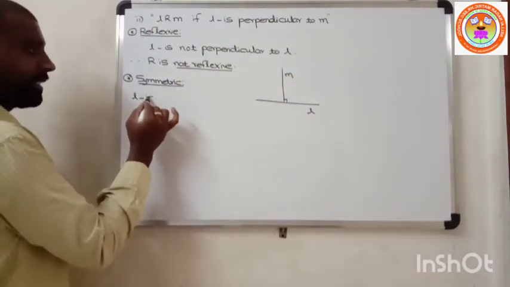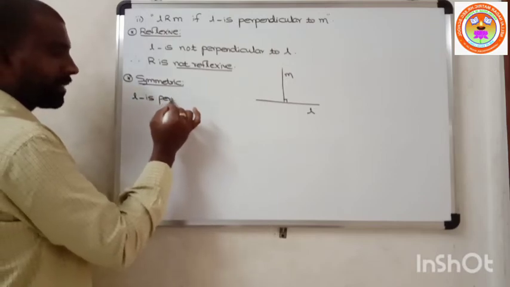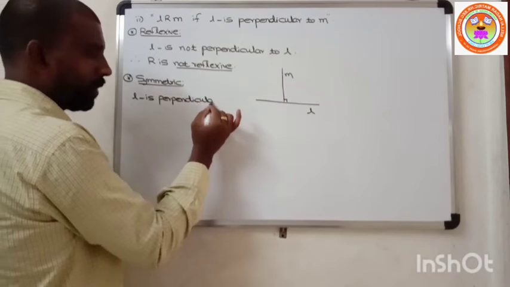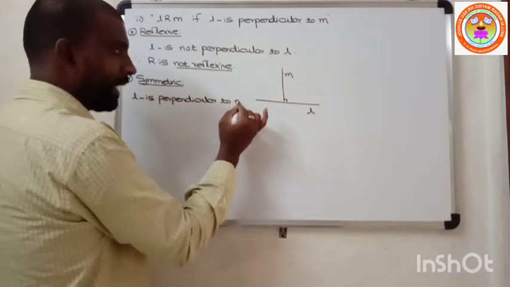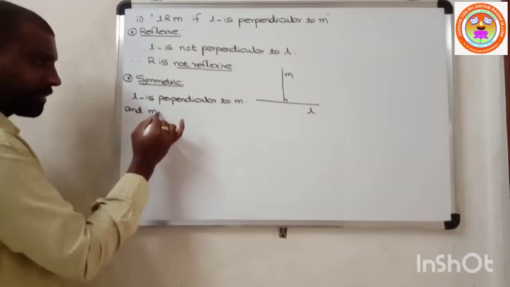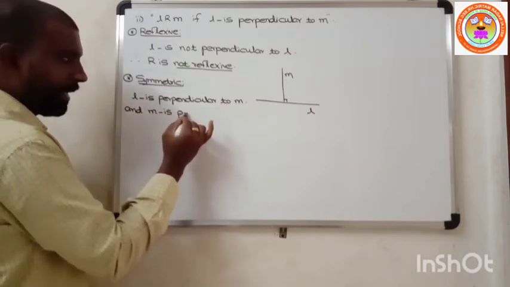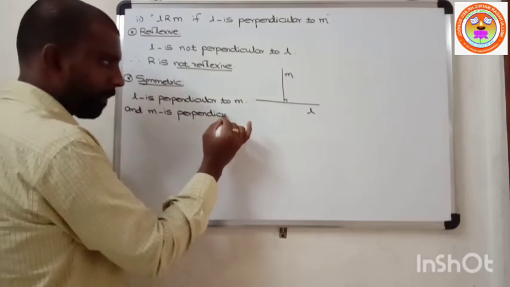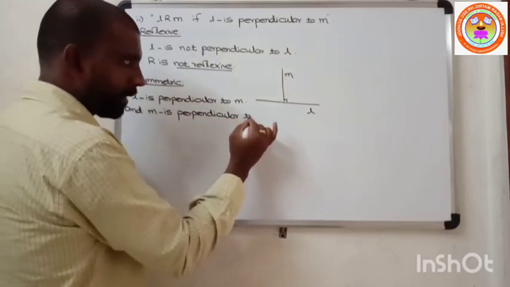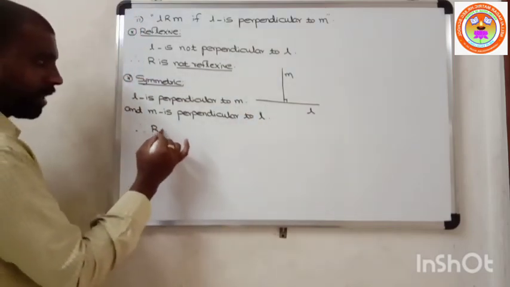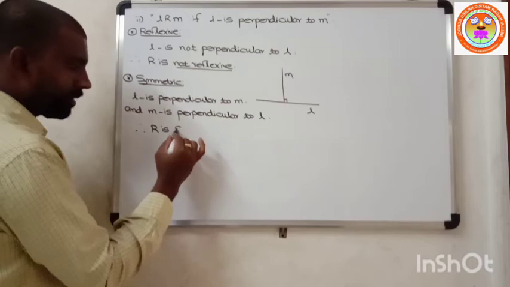Symmetry: l is perpendicular to m and m is perpendicular to l. Therefore, R is symmetric.